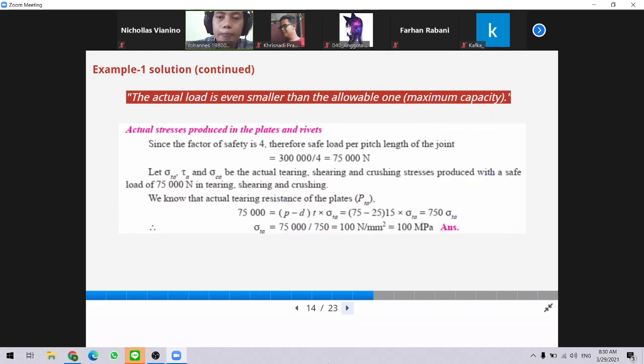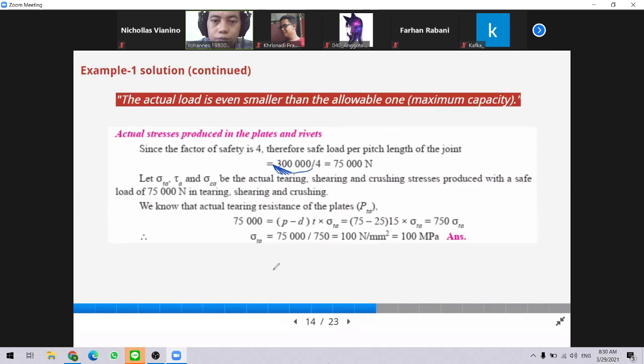Okay. And for the real design, we have to put the safety factor. This 300 kilonewton describes the maximum load capacity.